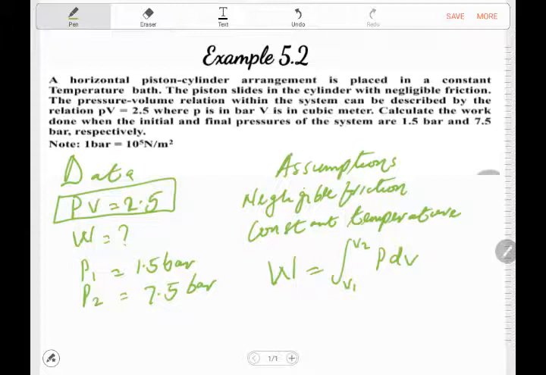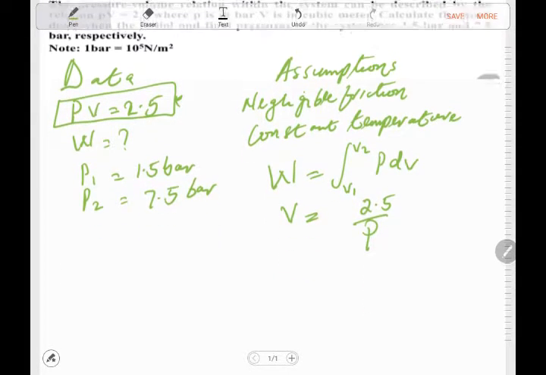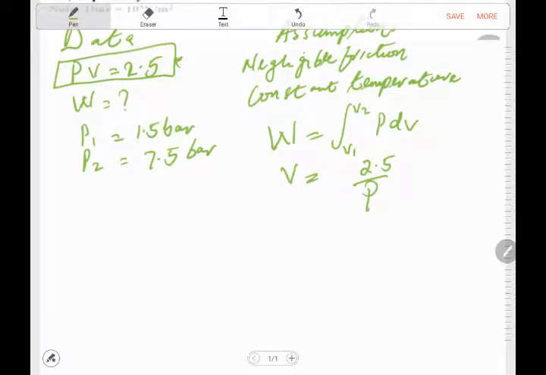Since I'm looking for V, I will make V the subject of the formula, so I will have 2.5 over P. So to find V1, I have 2.5 over P1.